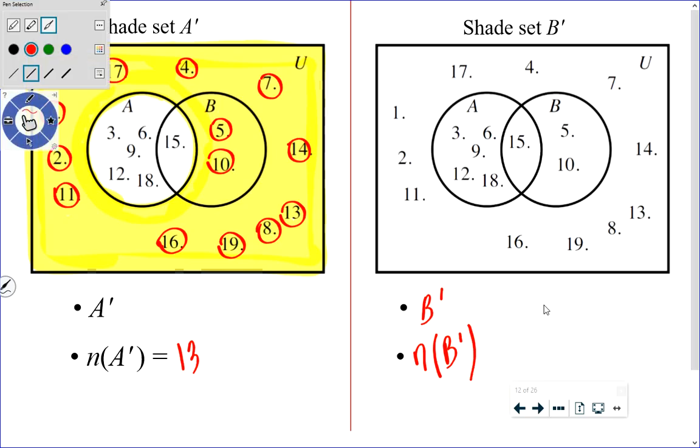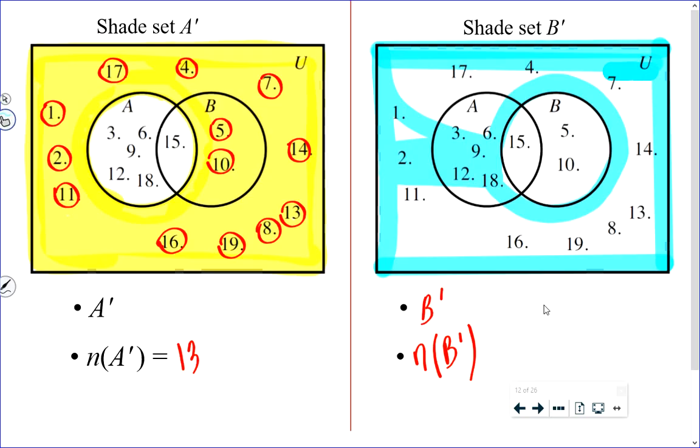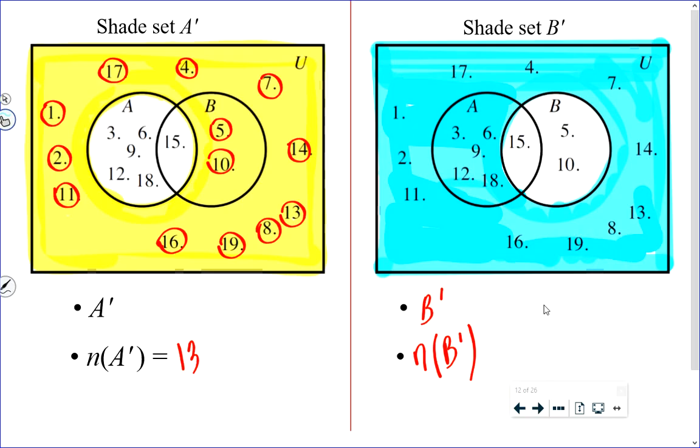I think you should be able to figure out that not B is anything outside of B. So anything here is not B. Because the part that I've unshaded, the part that's not shaded, is B. So everything else is not B.